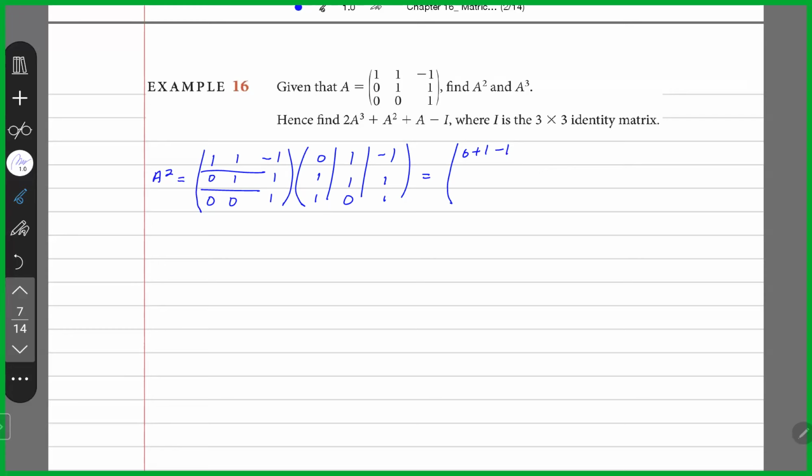Top row, middle column, 1, 1, 0. Top row, right column, minus 1, 1, minus 1. Middle row, left column, 0, 1, 1.